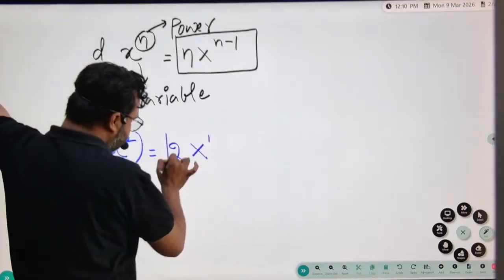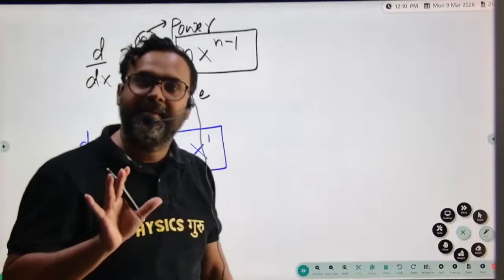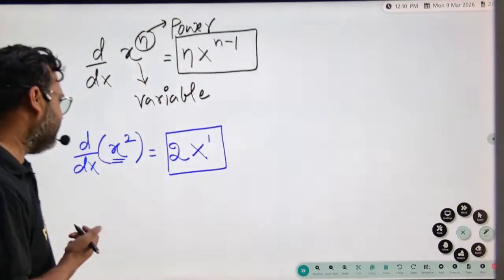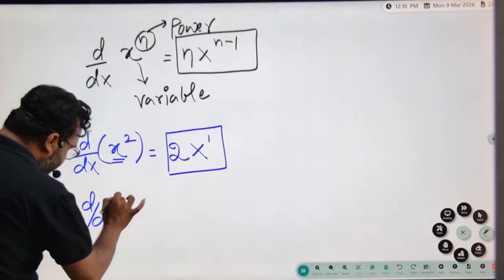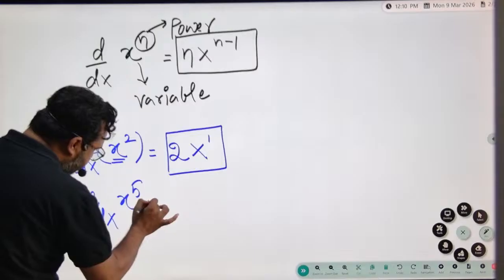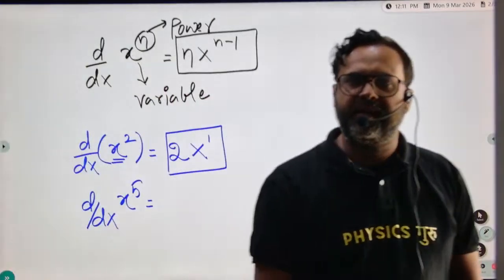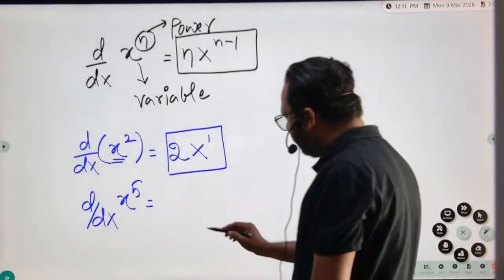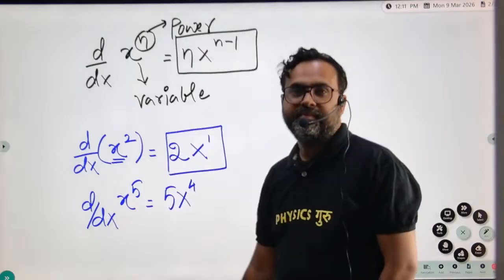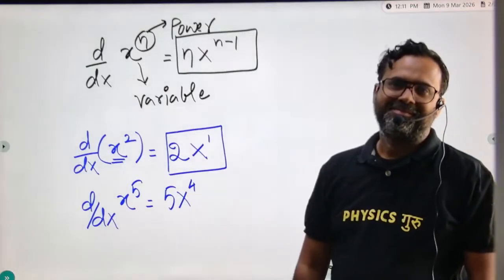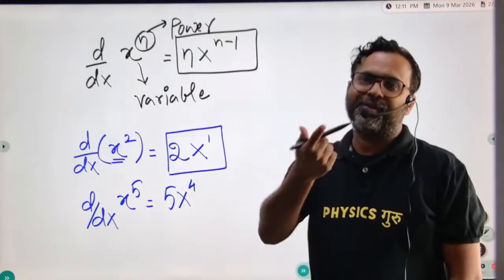That is 2x. Simple. Any doubt? If I ask you to find the value of d by dx of x raised to the power 5, we can write it as 5 x raised to the power 4. Is it tough? It's just the application of the formula.